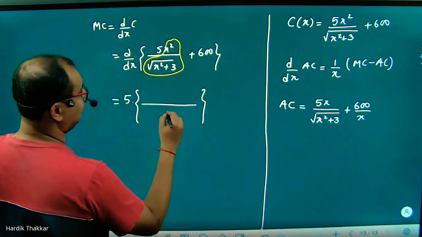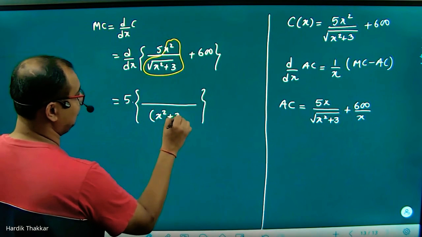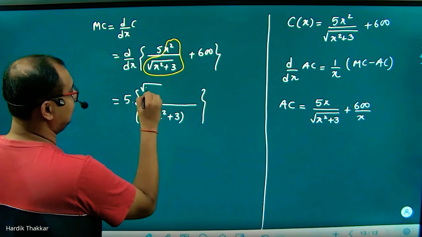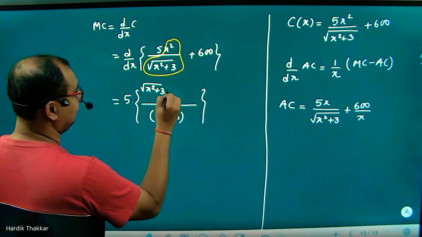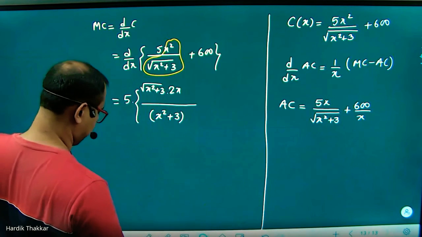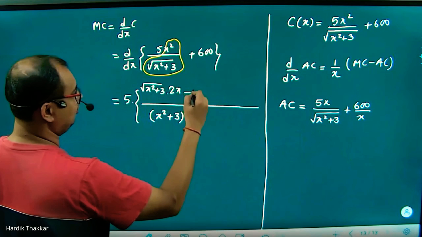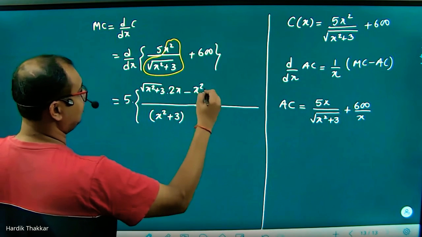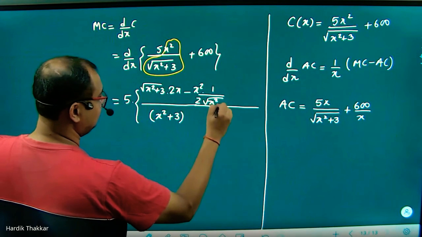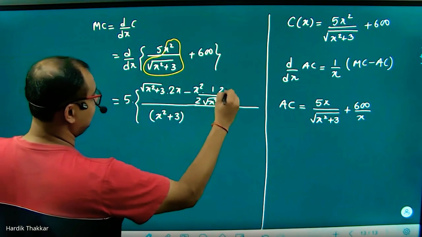So while applying quotient rule, we will get square of denominator. So it will be like x square plus 3. And further in numerator, we will get root x square plus 3 and derivative of denominator, that will be 2x. Okay. After this, minus numerator, which is x square, derivative of denominator, it will be 1 upon 2 root x square plus 3 into derivative of x square plus 3, which will be 2x.